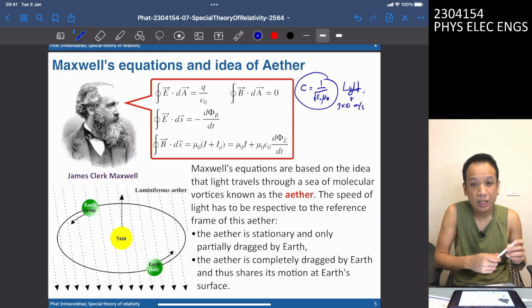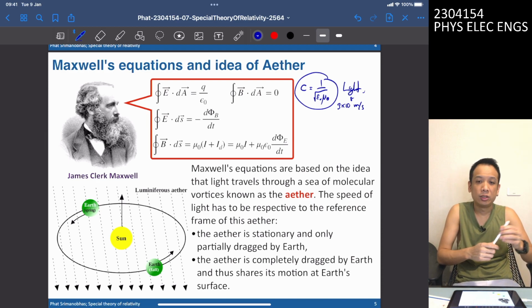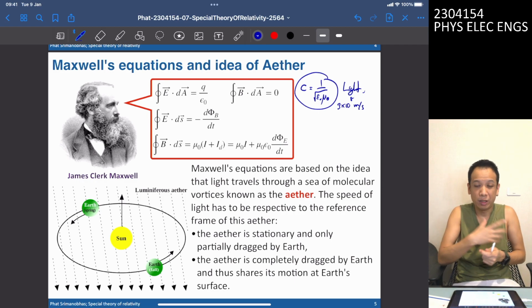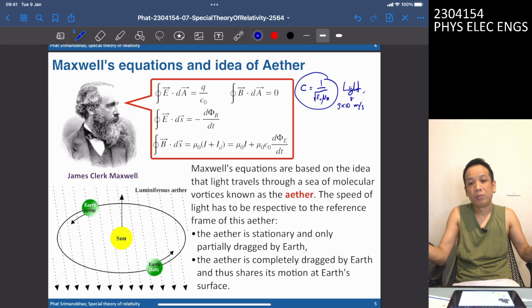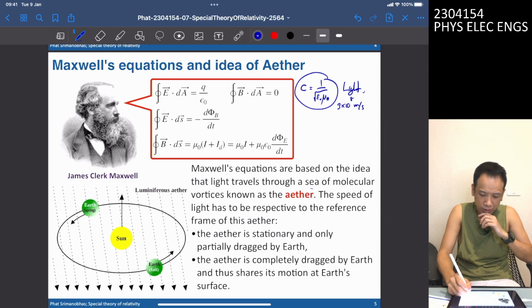So the light needs to travel in a medium, let's say. Between the sun and earth, there should be a medium, and maybe the medium is everywhere in the universe, so that light can travel. And we call that medium the ether.